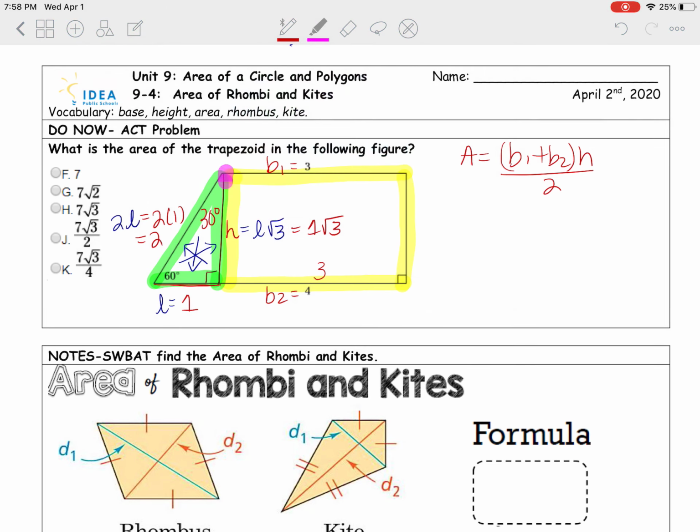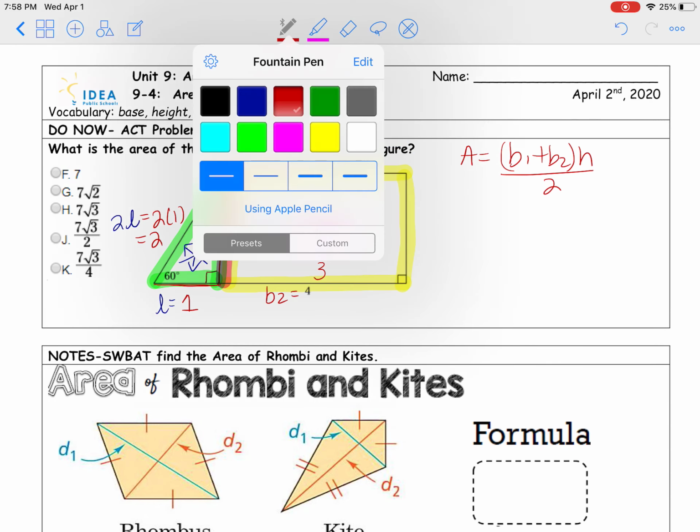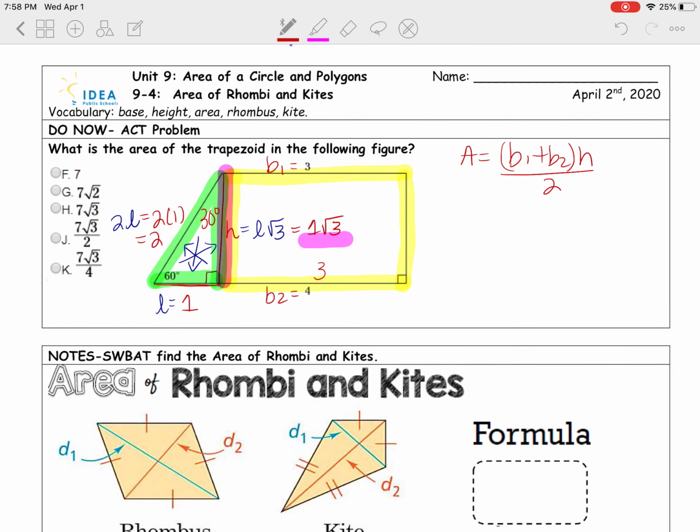The goal was to find the length of the height, and we have found the height. Now that we know that, we can come back to our formula and continue calculating the area of the trapezoid. Base 1 is 3, base 2 is 4, and the height is square root of 3, divided by 2.